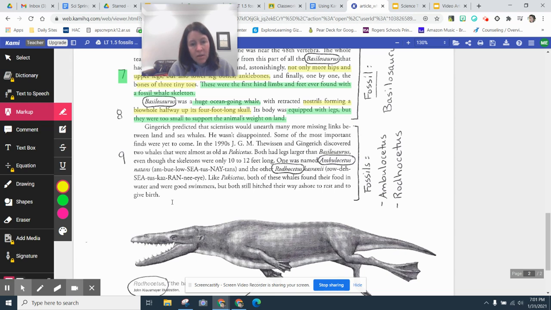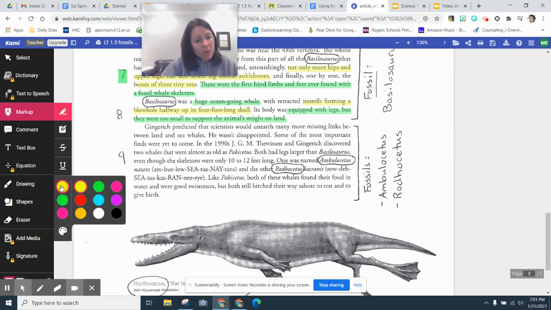Like Pakicetus, both of these whales found their food in the water and were good swimmers, but both still hitched their way ashore to rest and give birth. All right, so these two fossils sound like they were in between Pakicetus and Basilosaurus. It said they were almost as old as Pakicetus, and in this article, Pakicetus is the oldest fossil we read about. So let's look for the facts.